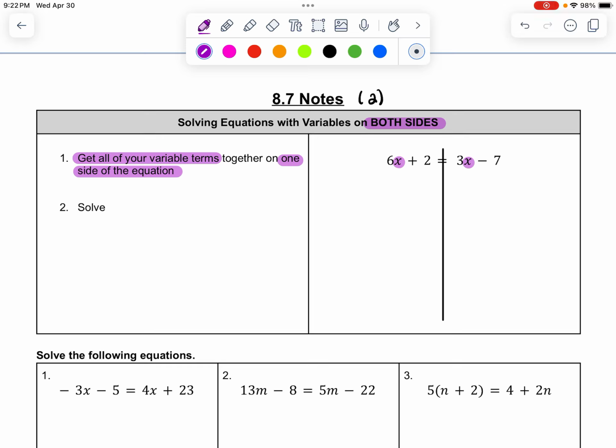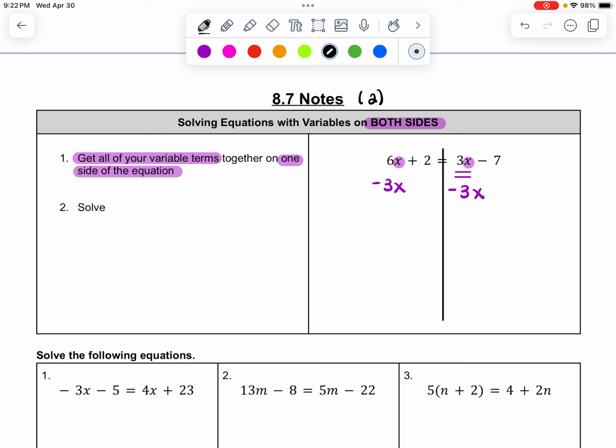Since they're on different sides, I need to move it or remove it from one side and move it to the other side. What I'm going to do is undo this positive 3x right here. Now, since the opposite of a positive is a negative, I'm going to minus 3x on both sides.